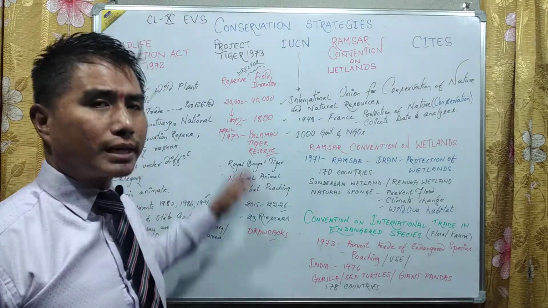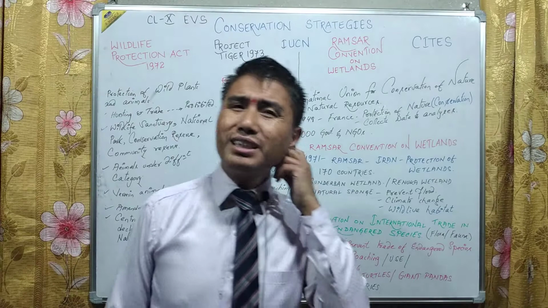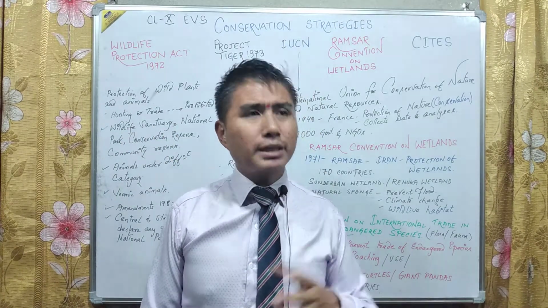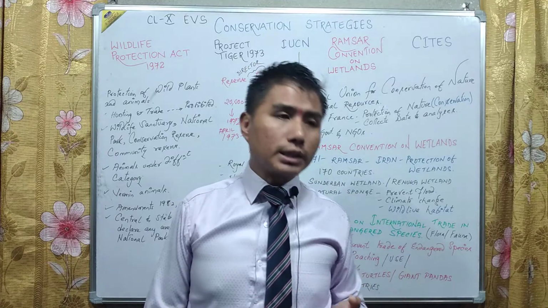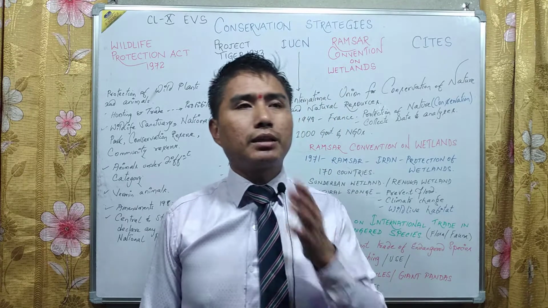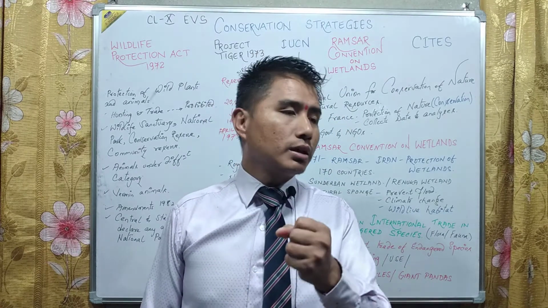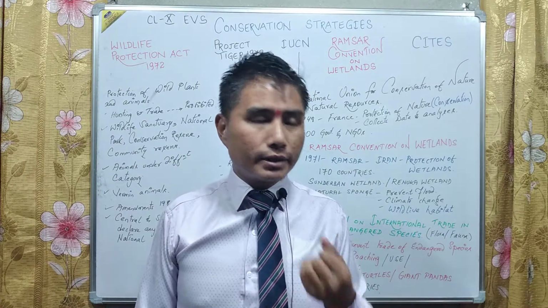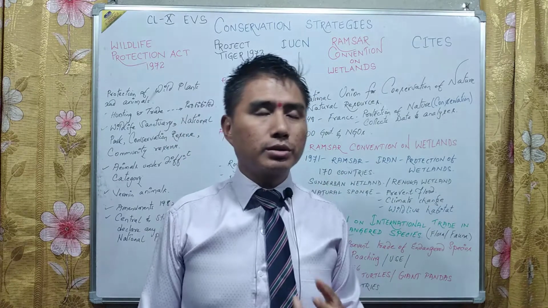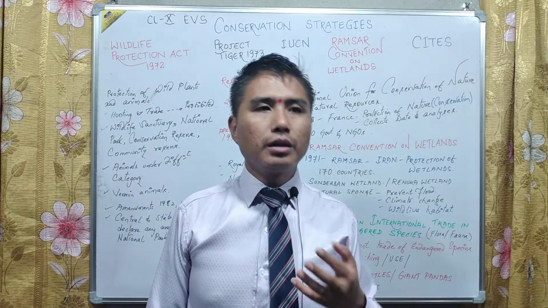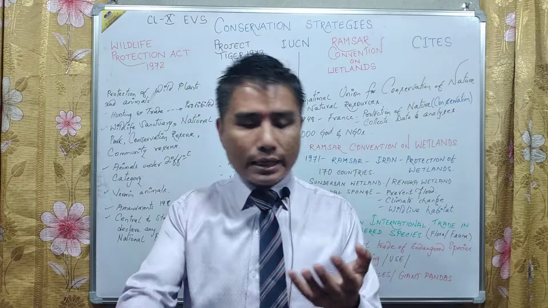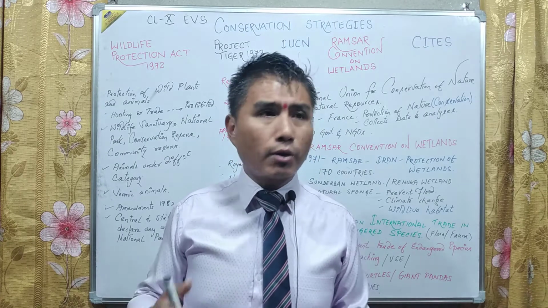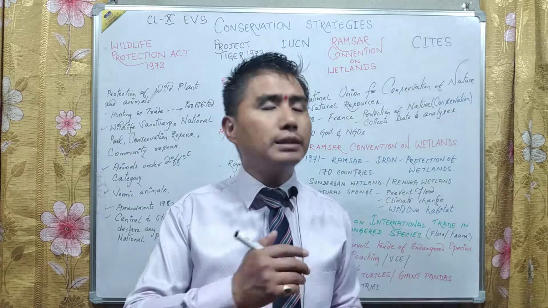There are certain drawbacks of Project Tiger, because India is a huge country. India being a huge country, the population is also big, and the people are also not educated, and on top of that, the government also cannot act. On paper strict rules are laid down, but to act on those rules, there is a lack of funds, lack of road facilities, lack of proper equipment. Boots are not there, proper binoculars are not there, proper guns, proper medicines, proper tagging systems, proper technology, and a proper system of collecting data are not there.